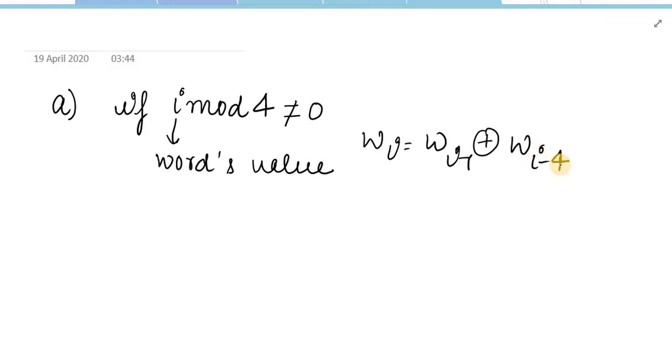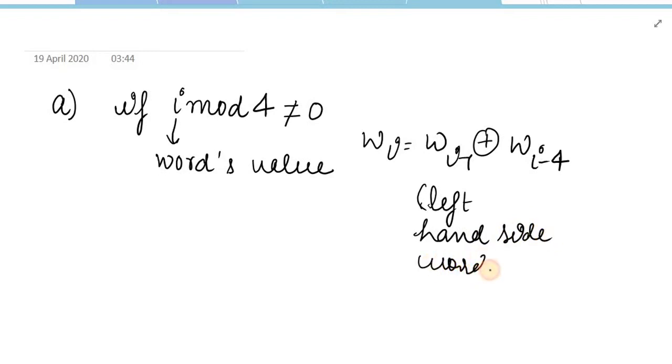It means we have to perform the XOR between the left-hand side word value and the upper word value.